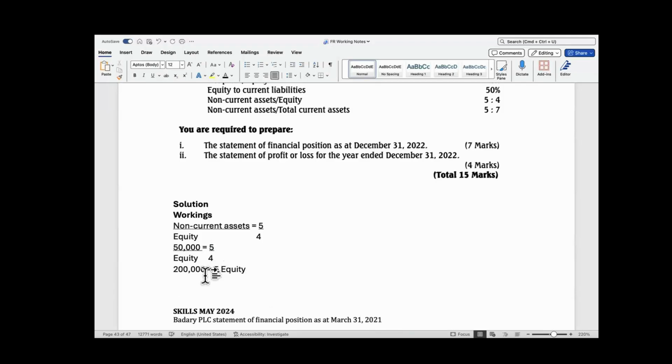If I divide through by 5, my equity is 200,000 divided by 5, which gives 40,000. So my equity is 40,000.